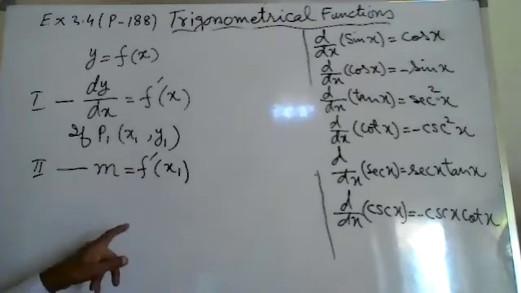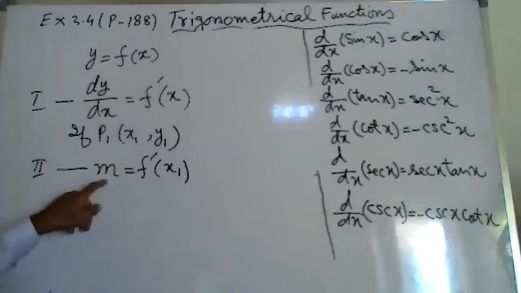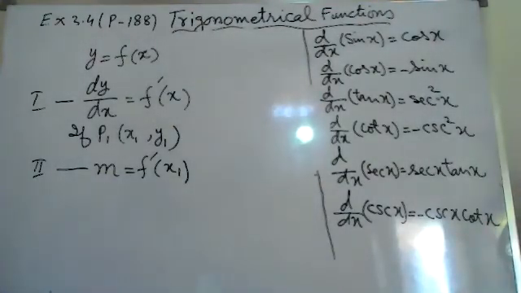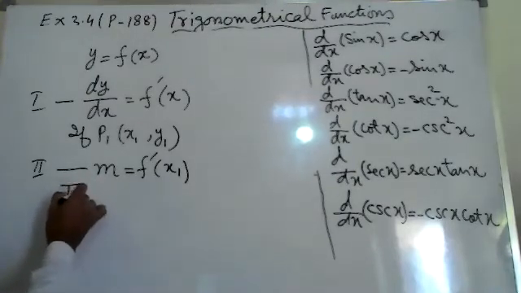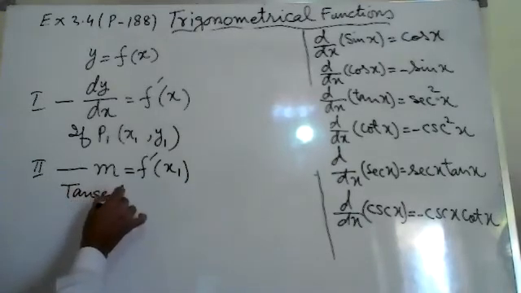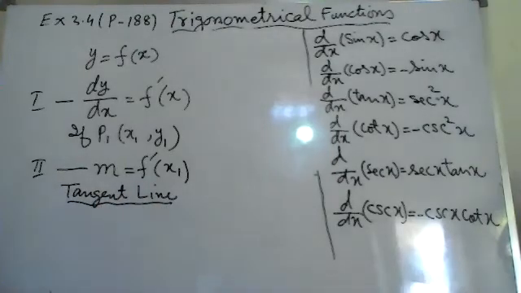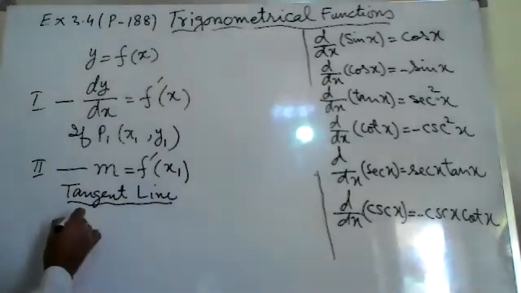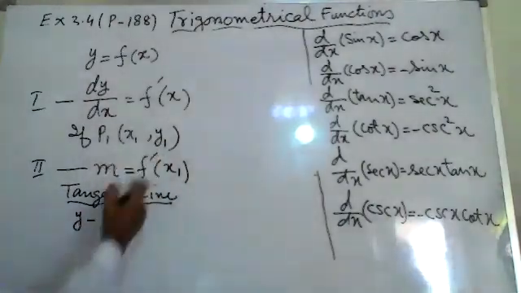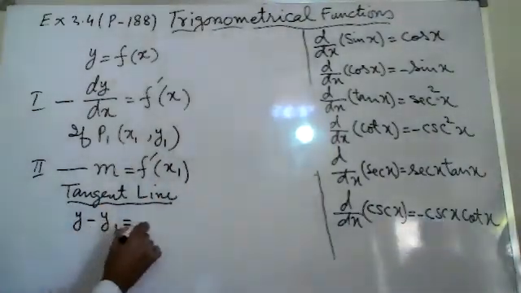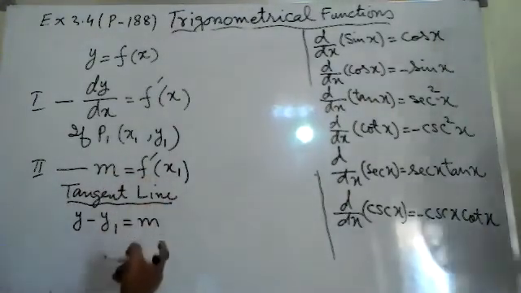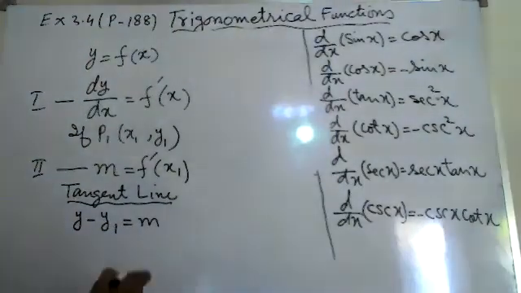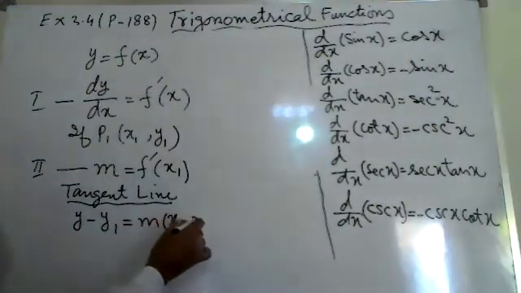Now after that, this is the slope of the tangent line. Now we will use the formula for the equation of the tangent line. y minus y1 is equal to m, which we found by replacing x by x1, into x minus x1.